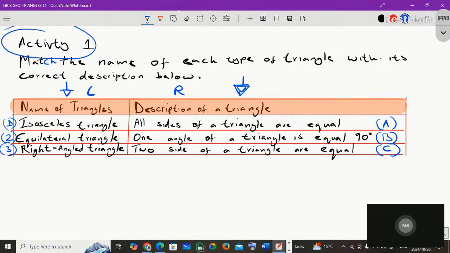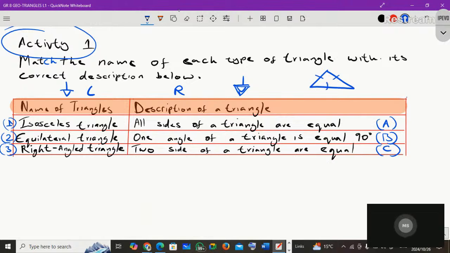Now, okay, guys, on the left, as you can see, the first triangle is an isosceles triangle. The second one is an equilateral triangle, and the third is a right-angled triangle. Okay, now you need to match these triangles with the descriptions on this side. So we have the first description, description A, which states that all sides of a triangle are equal. So now we are speaking of a triangle that has equal sides.